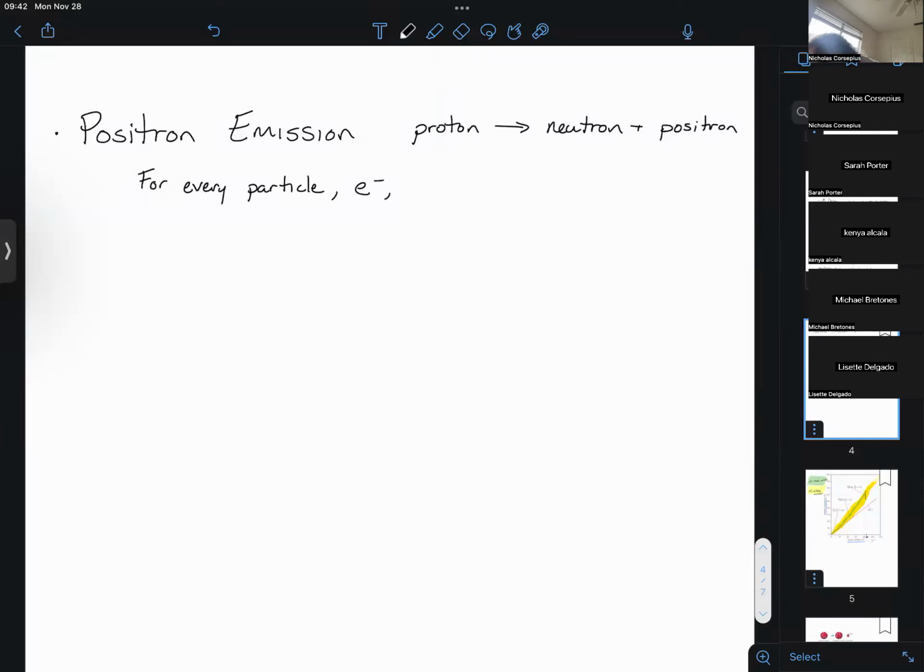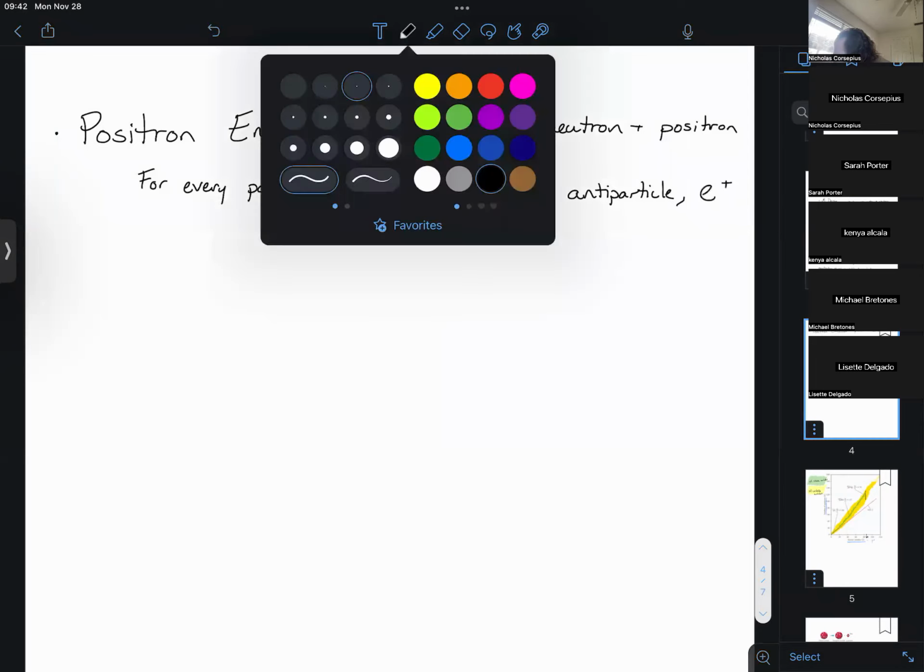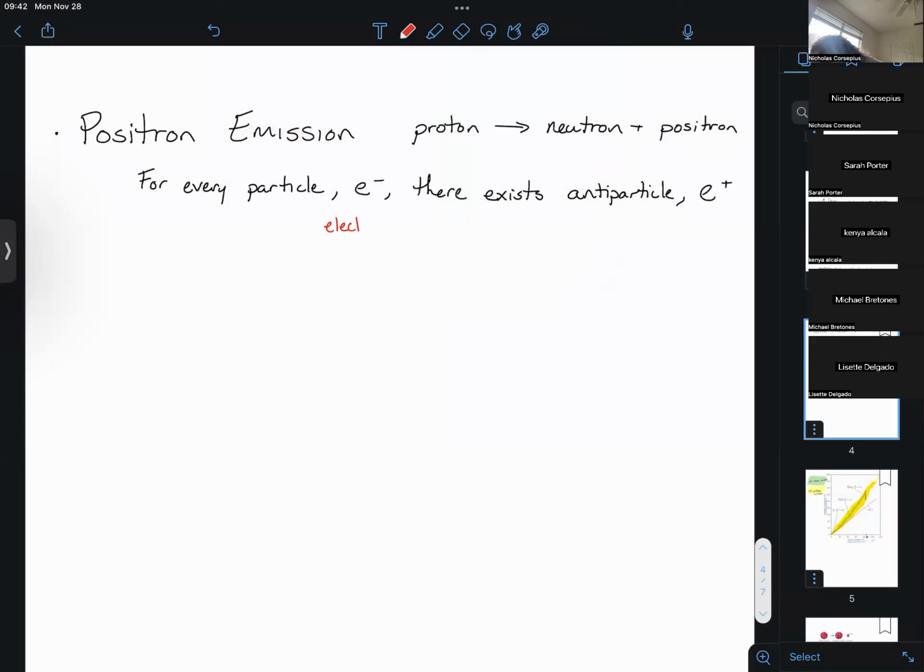There exists what's called an antiparticle. And in that case, that would be a positron. Right, so our particle is the electron. Our antiparticle is what's called the positron. This is a particle that has essentially all the same features as an electron. It's got the spin, it's got the same mass, but unlike an electron, which has a negative charge, positrons have a positive charge.